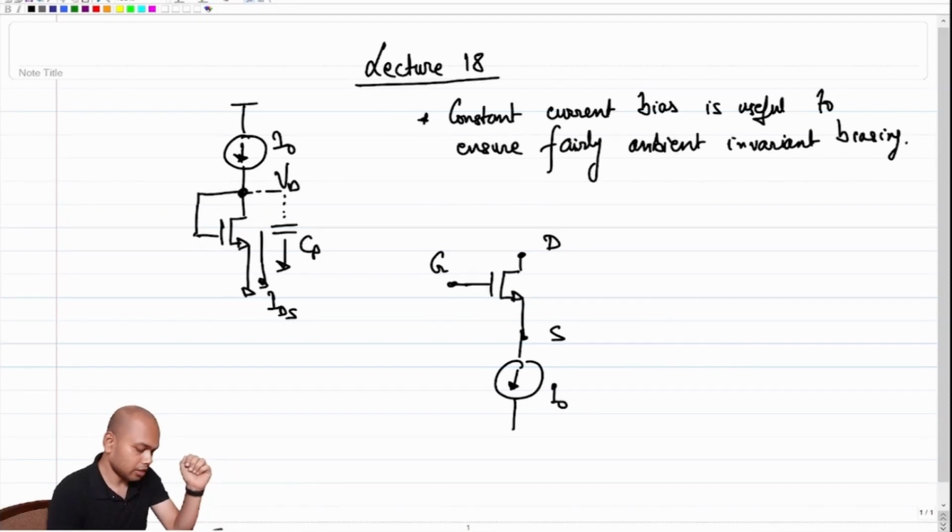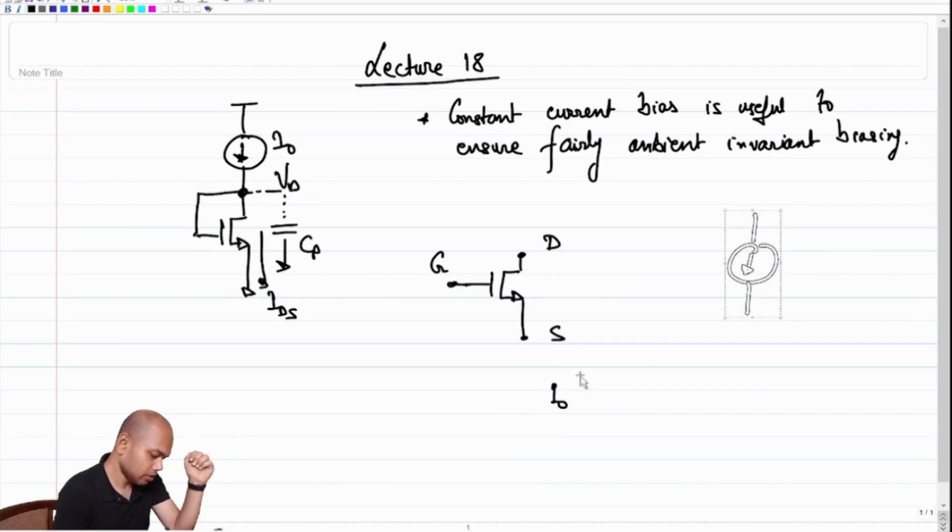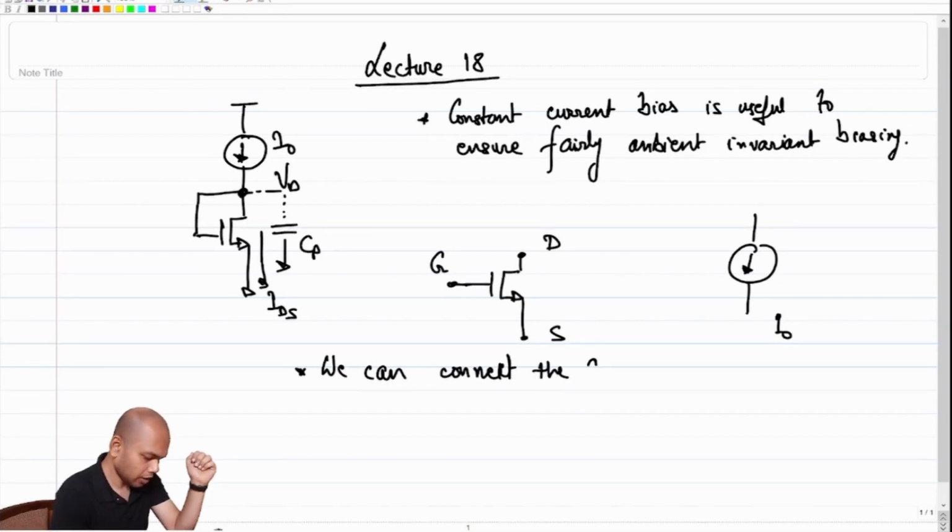So there are two ways of connecting the current source. So let me remove it for the time being. I can connect the I naught at either drain or source, right?